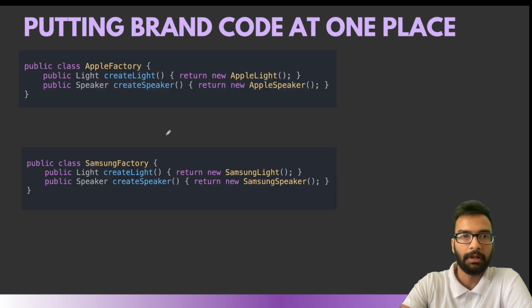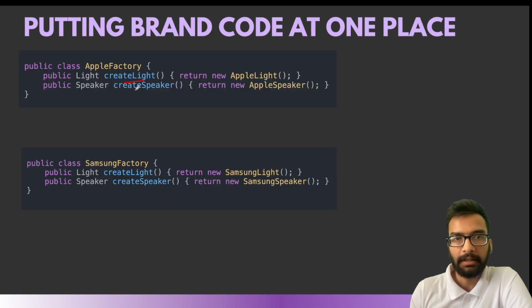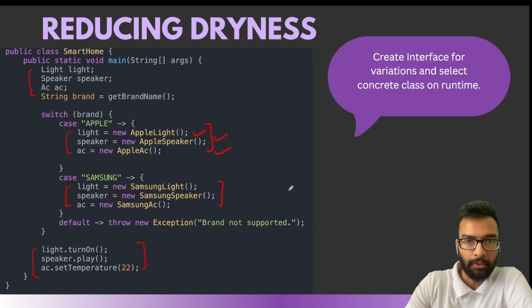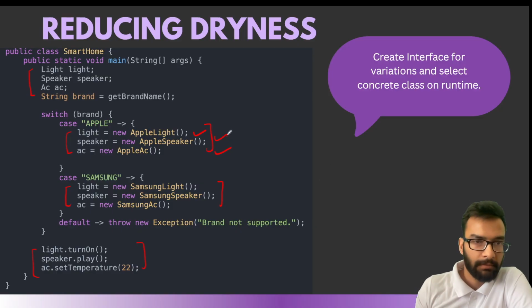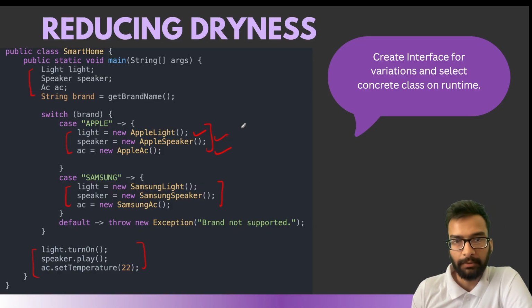So let's say for now we just have create light and create speaker, and they are part of both the Samsung and Apple factory, which right now just return Apple light, Apple speaker, Samsung light, and Samsung speaker. So how the code will look after that is we will have light equals Apple factory dot get light.